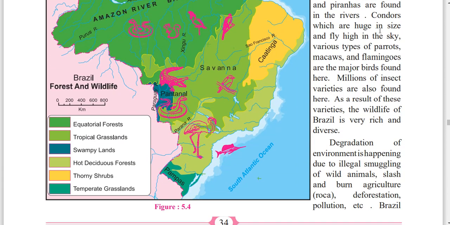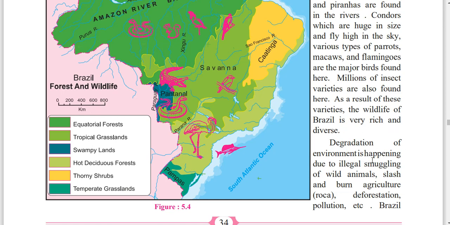Condors, which are huge in size and fly high in the sky, various types of parrots, macaws, and flamingos are the major birds found here. Millions of insect varieties are also found here. As a result of these varieties, the wildlife of Brazil is very rich and diverse.